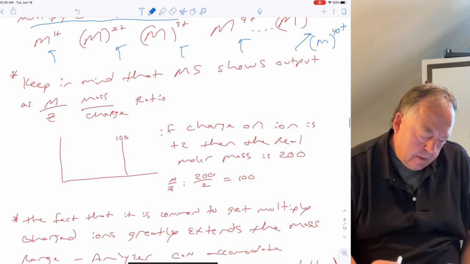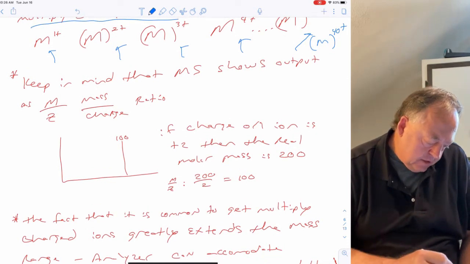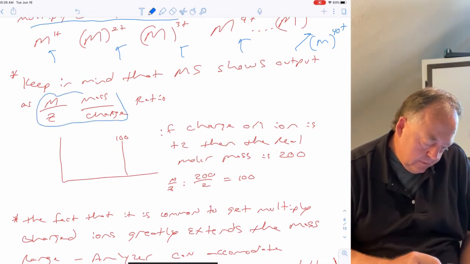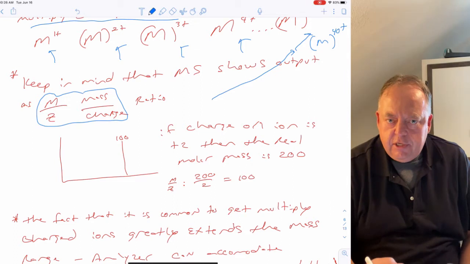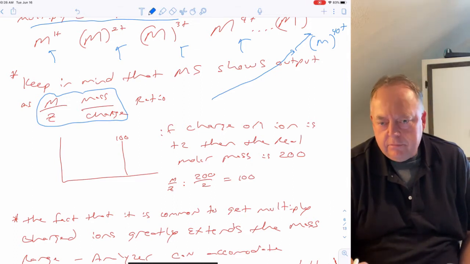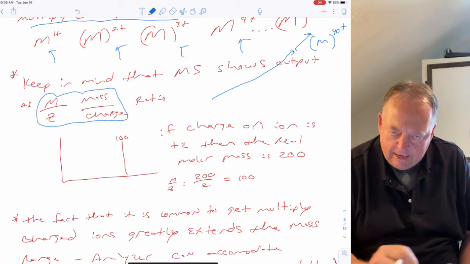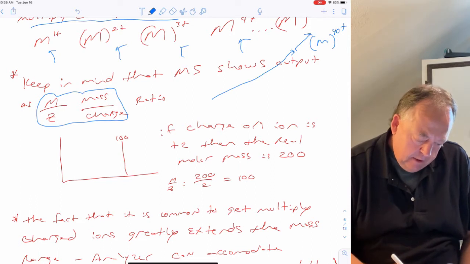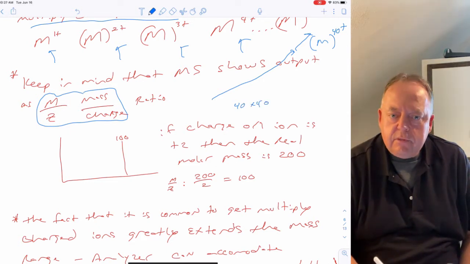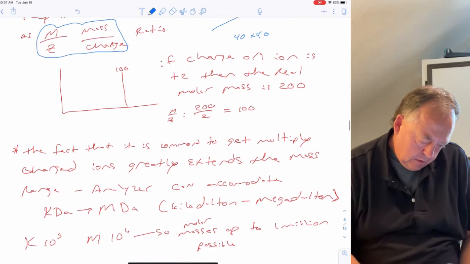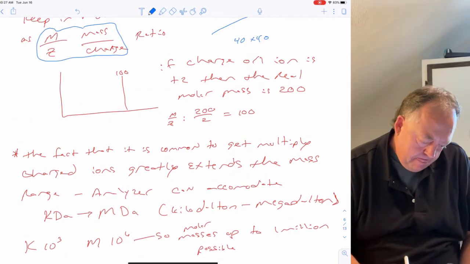And so you want to keep in mind that mass spec shows output as mass to charge ratio. So if your charge is 40, then the peak that you see actually weighs 40 times what the output shows, right? If your peak showed your mass was 40, well, it's really 40 times 40 that the actual mass would be, if the charge on it was 40.